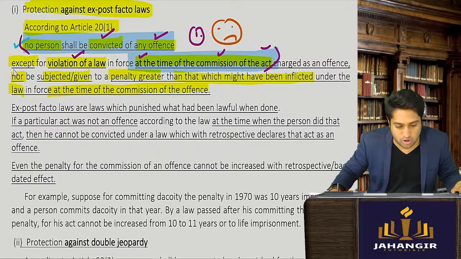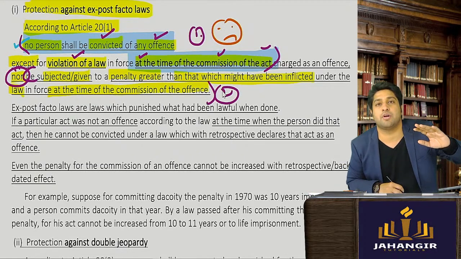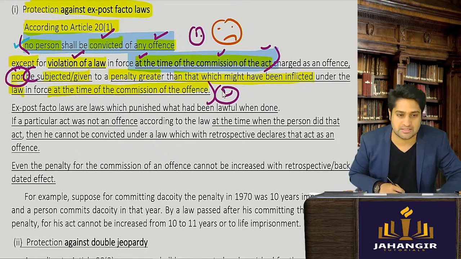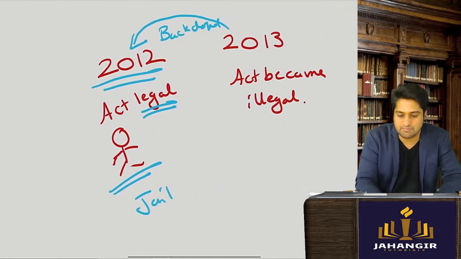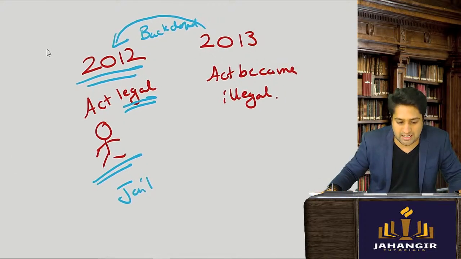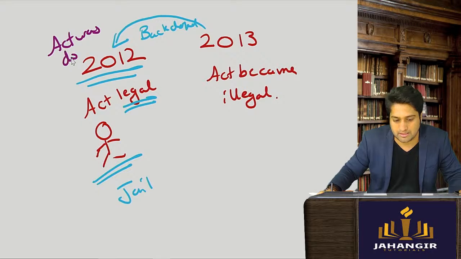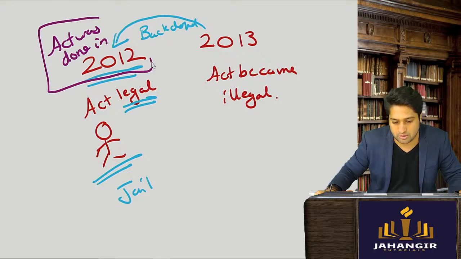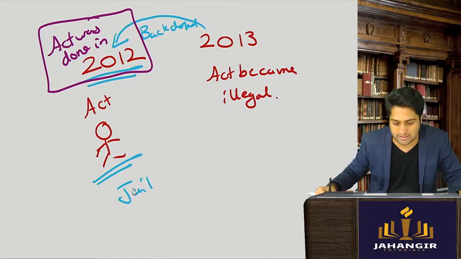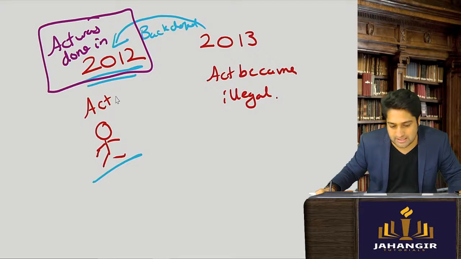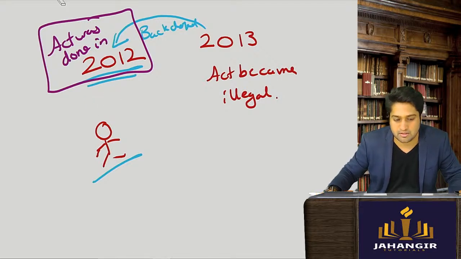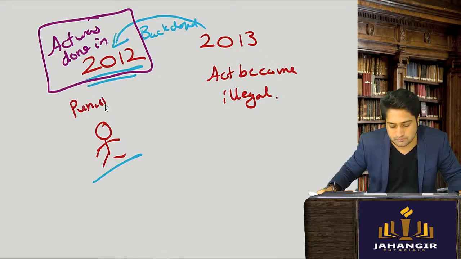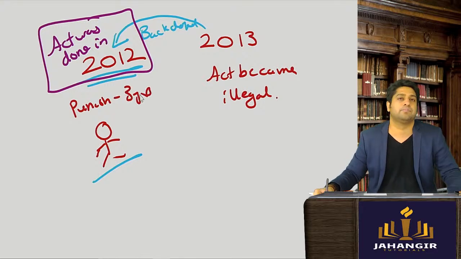The second part starts after 'nor': nor shall I be convicted for a greater penalty. Let's take another example. The act was done in 2012. At that time the act was illegal, but the punishment was 3 years.